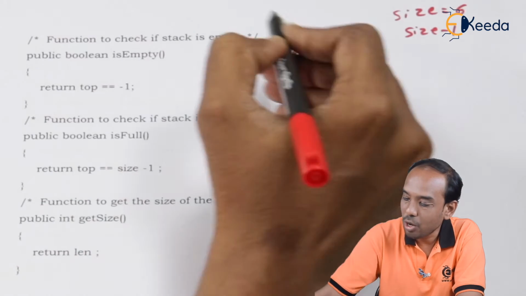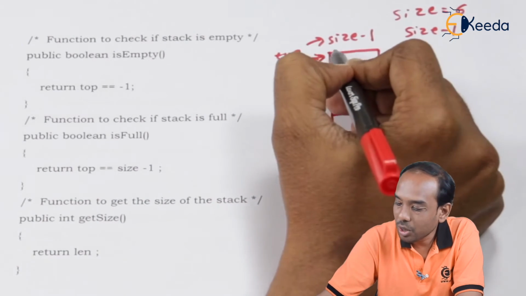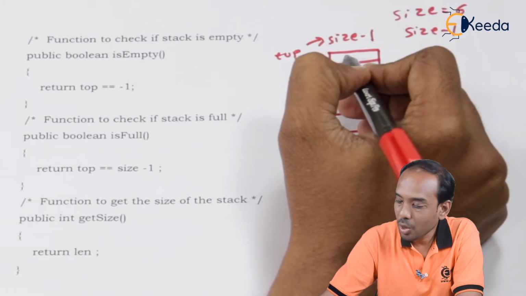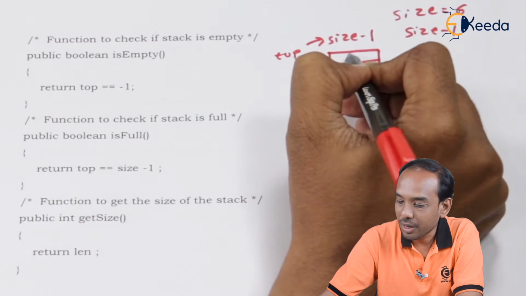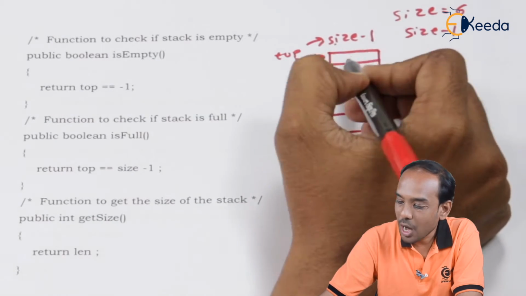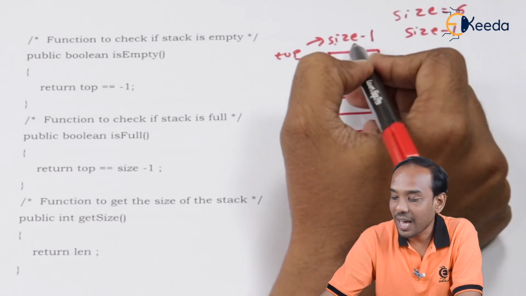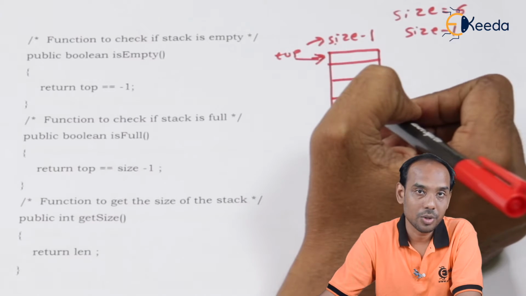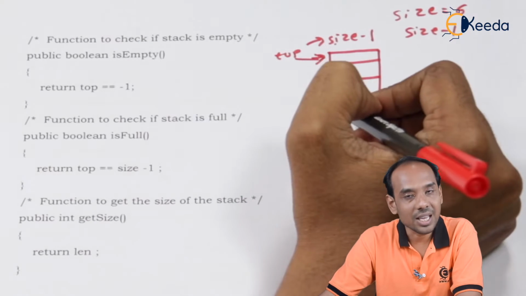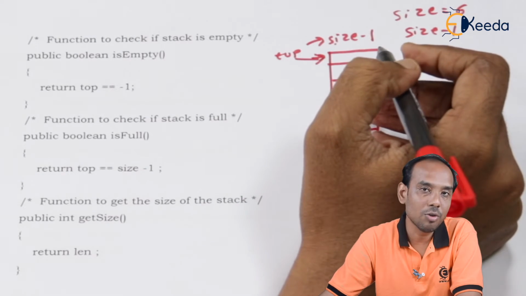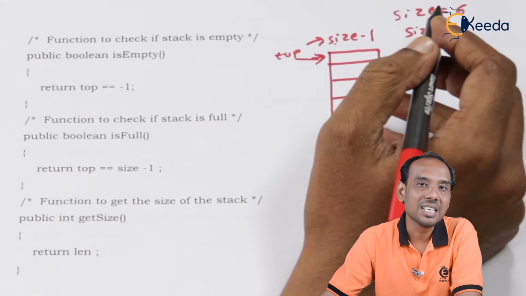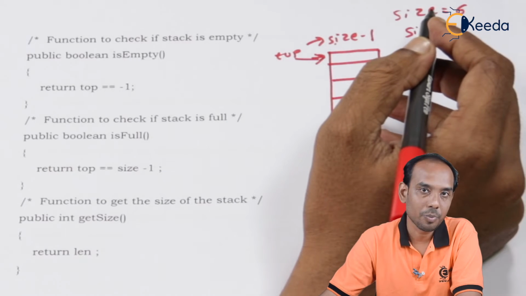So I'm going to return the value of top at this position. If the stack is full, it is going to point to the last element, which is size -1. Now I cannot push any more elements into the stack. It means the stack is full. So if the stack is full, the value of the top is size -1.